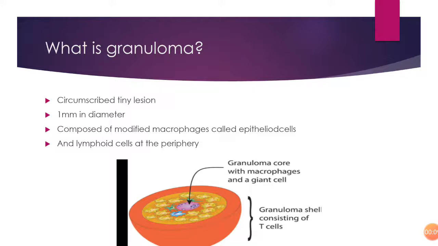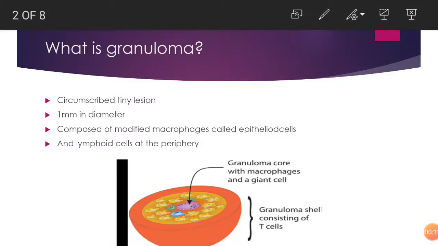So now, what is a granuloma? Granuloma is nothing but a tiny lesion which is about 1 mm in diameter, predominantly consisting of macrophages. Not normal macrophages but a modified macrophage called the epithelioid cells, which are rimmed at the periphery by lymphoid cells.